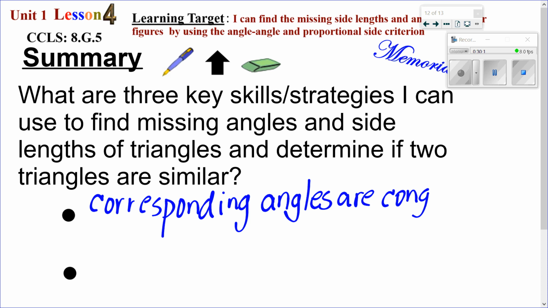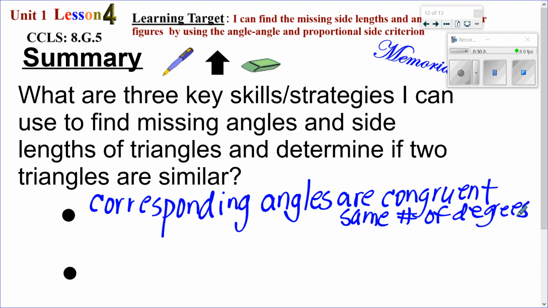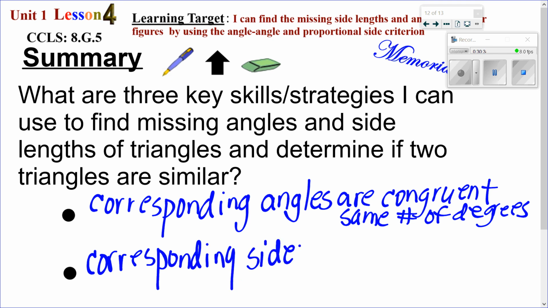They hold the same position, same number of degrees. And we know the corresponding sides are in proportion.